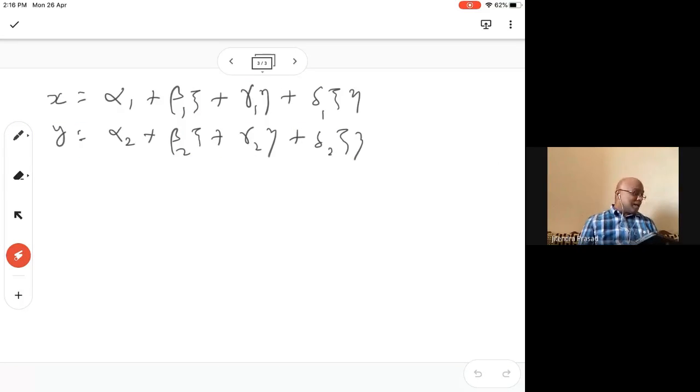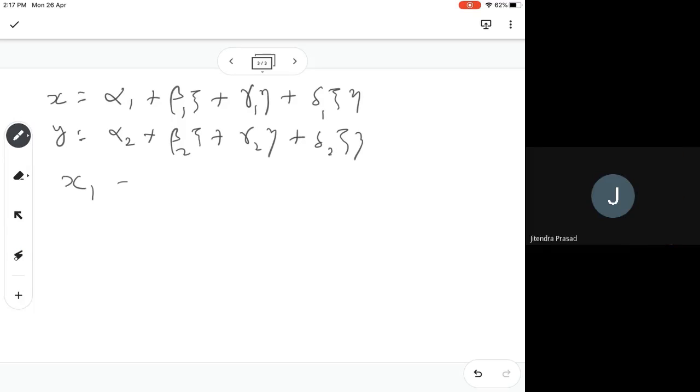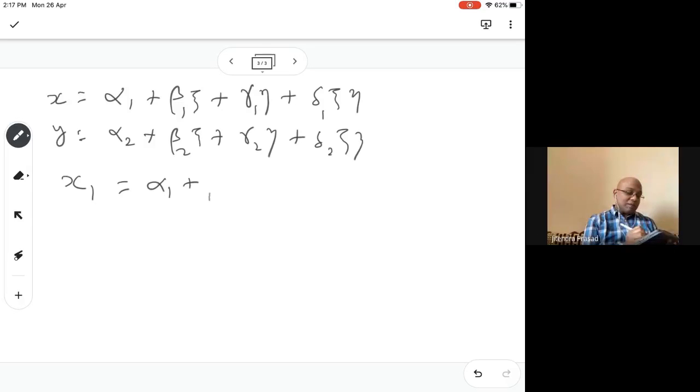Next, we have to find out alpha 1, beta 1 and so on. How can we do it? For the first point x1, the value is alpha 1 plus beta 1 times xi.